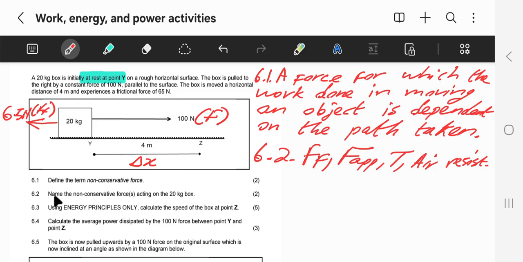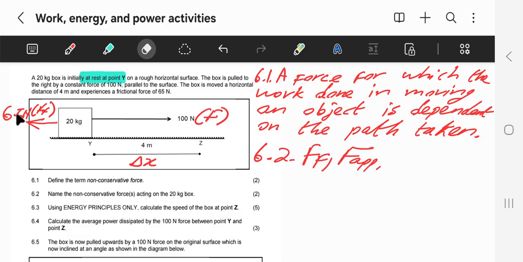So here they are saying name the non-conservative force or forces acting on this object, and based on the types of non-conservative forces we have, we can see that here there definitely isn't any tension here. We don't have tension, we don't have air resistance, but we know that we have this constant force, which is the force applied.